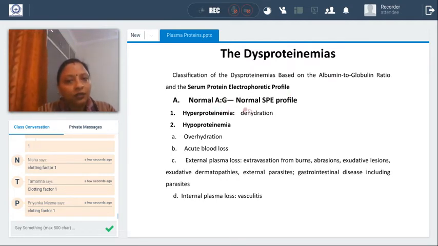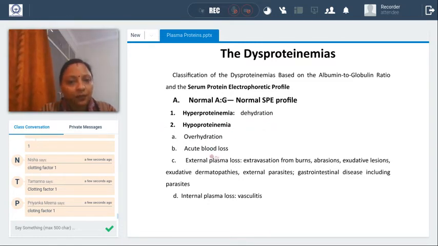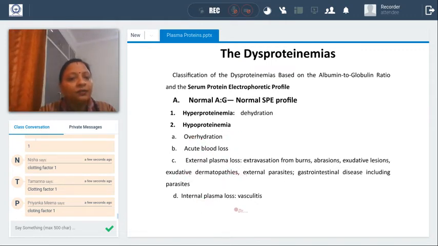Normal AG, here normal AG means albumin globulin ratio, with a normal SPE profile. Hyperproteinemia, you all know, is dehydration. I have just summarized these slides. Hypoproteinemia: overhydration, acute blood loss, external plasma loss, and internal plasma loss. So this is the category of normal AG and normal SPE profile.